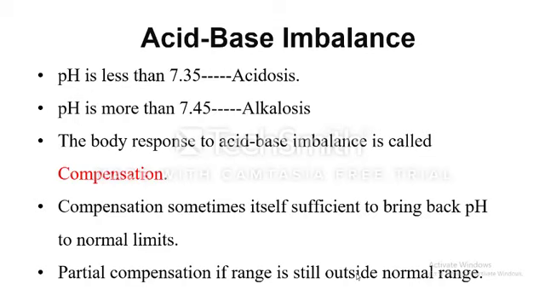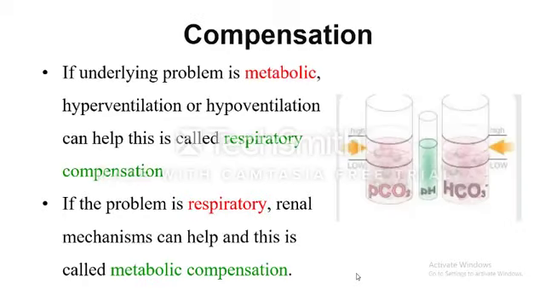If the pH is still outside the normal range, it is called partial compensation. Normally our body itself can cover this acidosis or alkalosis, but sometimes it cannot. That is why it is called partial compensation.